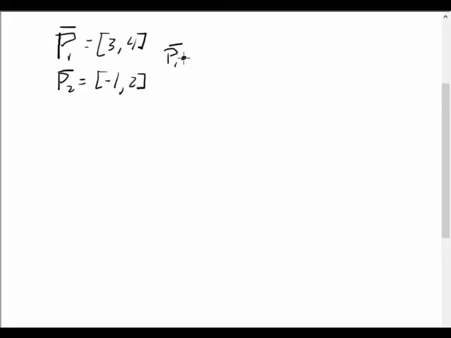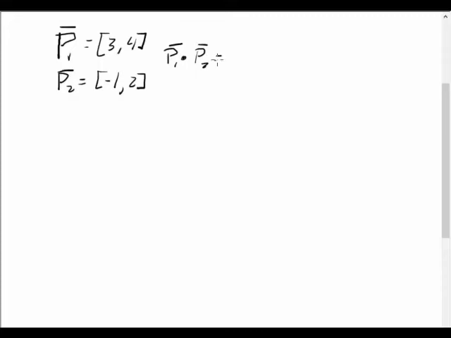Okay, let's get back to our original set of position vectors. We had position vector 1, which was equal to 3 and 4, and position vector 2, which was -1 and 2. So the question here is, what is going to be the dot product of P1 and P2? I take P1, dot it into P2.